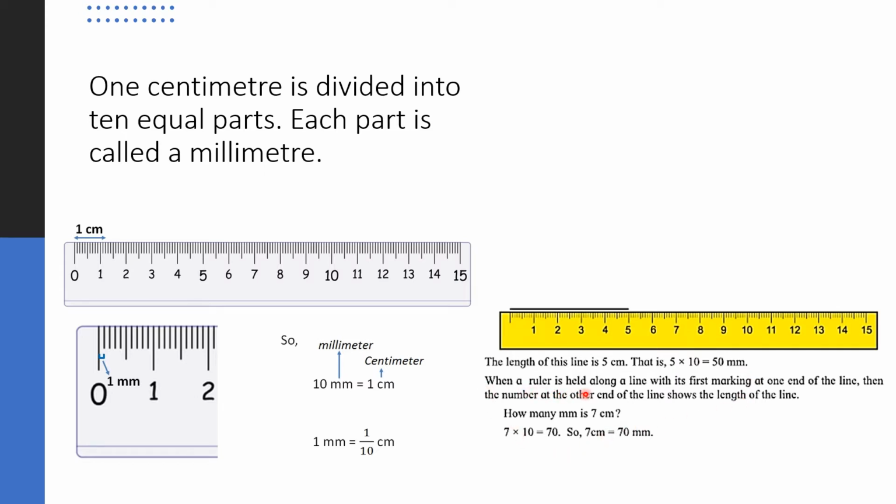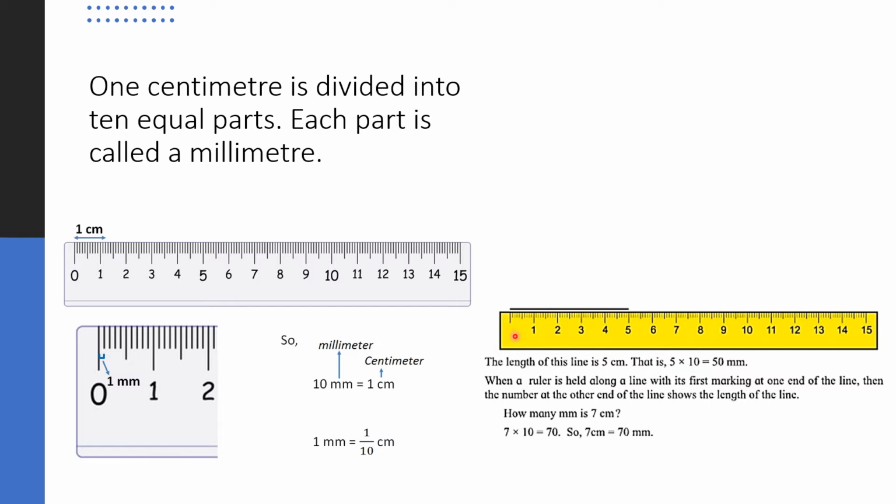When a ruler is held along a line with its first marking at one end of the line, then the number at the other end of the line shows the length of the line. Whenever we measure any object or any line, we start one end with 0, and the number at the other end of that line or object is its length.